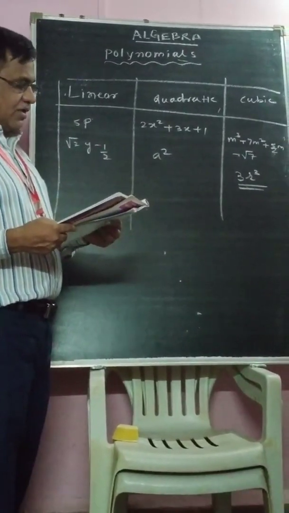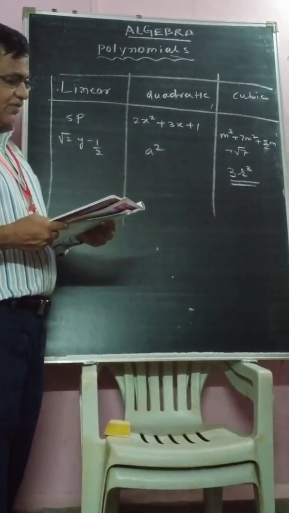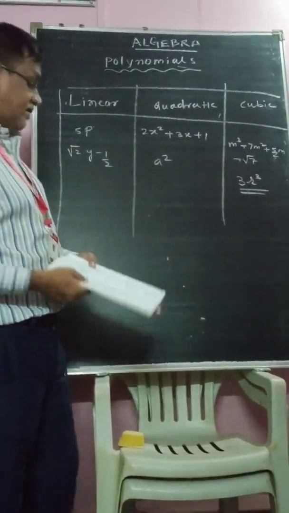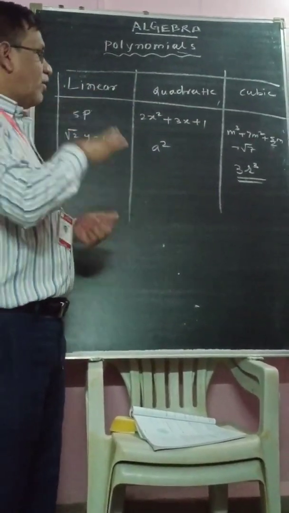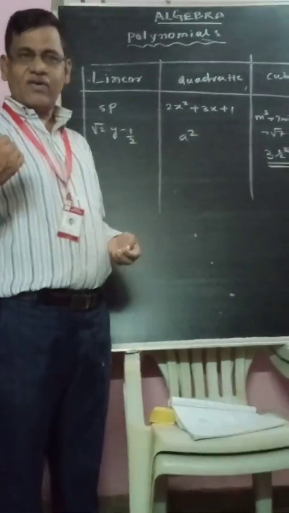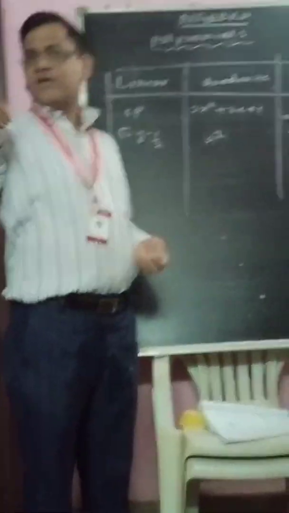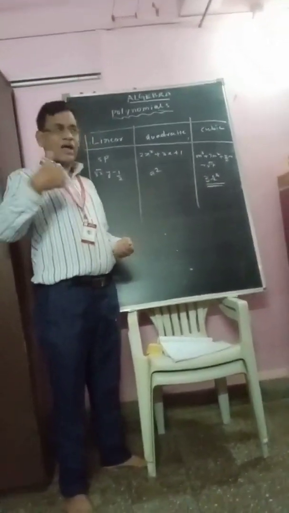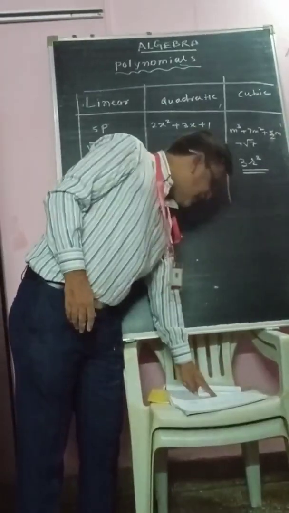Okay, now next: write the following polynomials in standard form by descending powers. Descending powers means when a polynomial is given, you have to write the terms according to their power. Ascending or descending, any; here it is descending order.